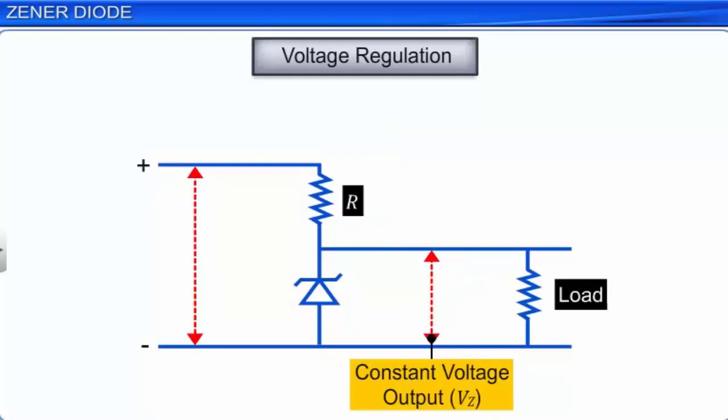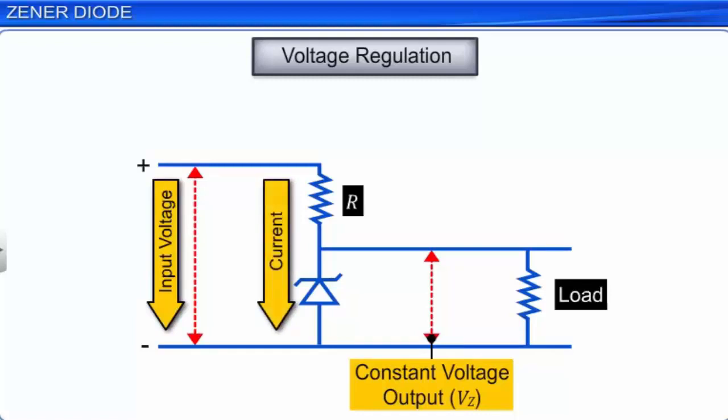On the other hand, if the input voltage is decreased, the current through R and the Zener diode decreases. This reduces the voltage across R without affecting the voltage across the Zener diode.